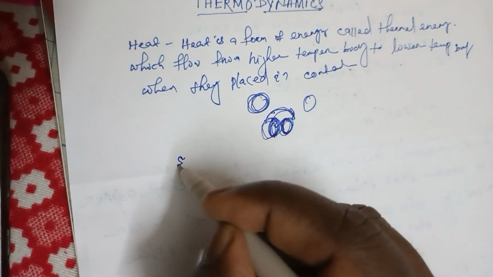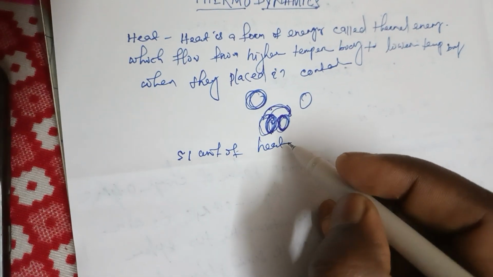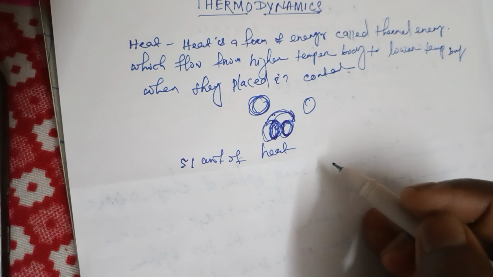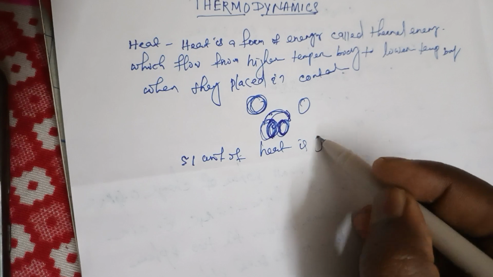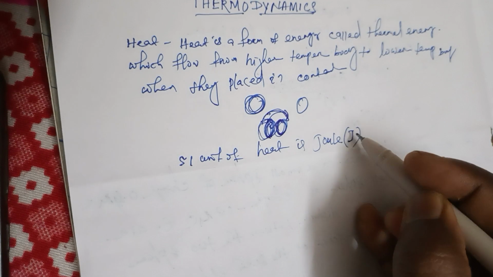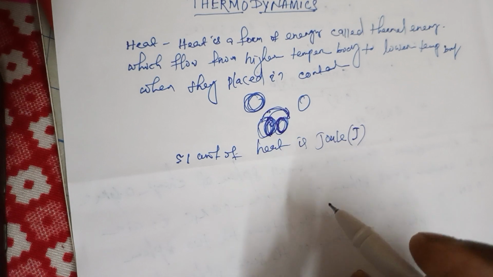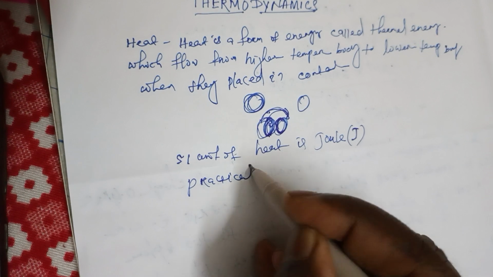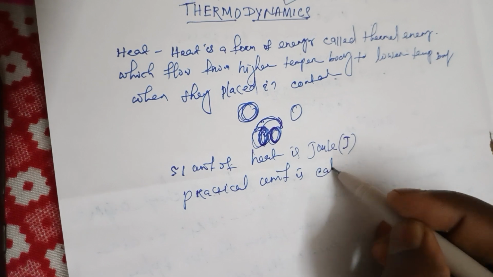The SI unit of heat is joule, denoted as J, and the practical unit is calorie.